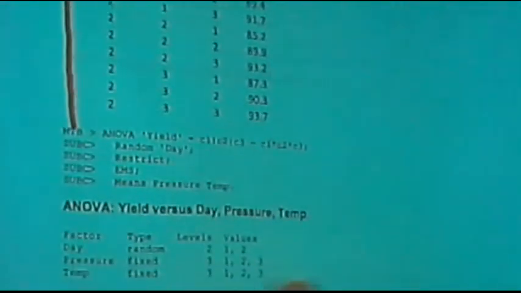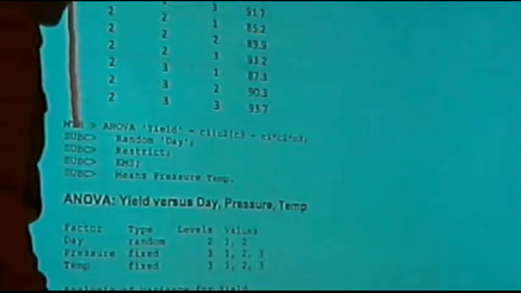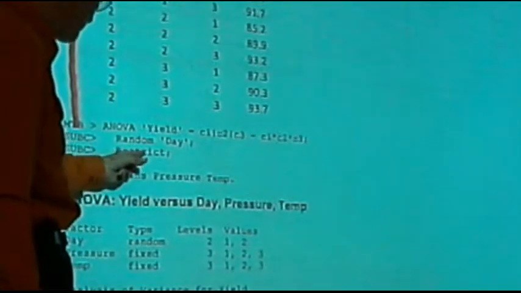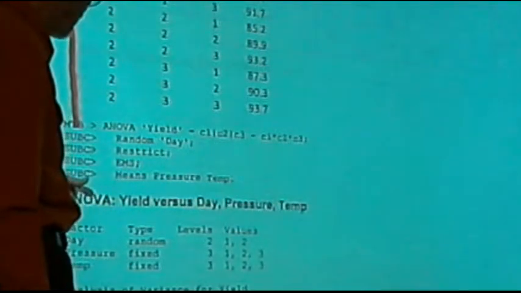I don't care about any particular days, but I have to do some days in the experiment. So day is a random factor. All right, day is random. Use the restricted model.